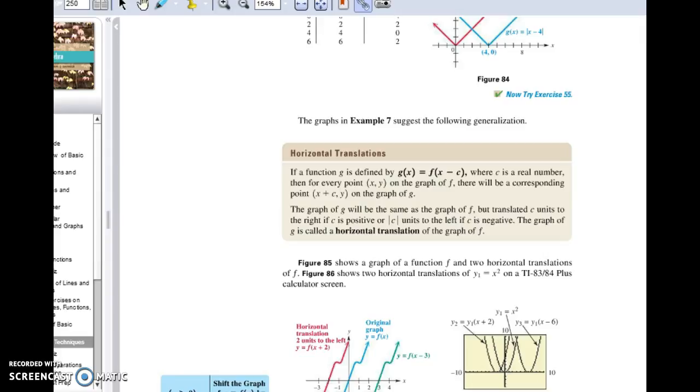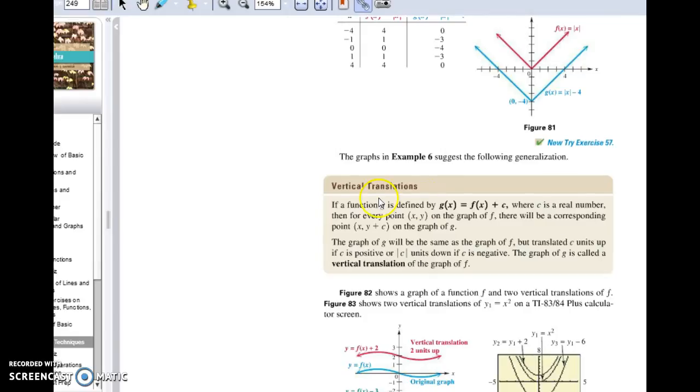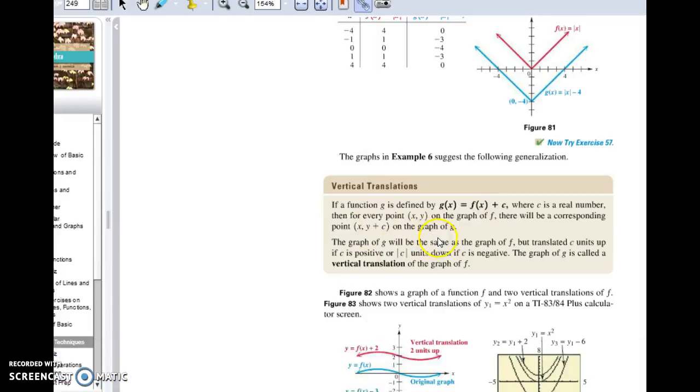If we look at the previous page, I think it's on 249, we look at vertical translations, and that's when you have something like this problem where you have y equals x squared and then plus or minus some number.